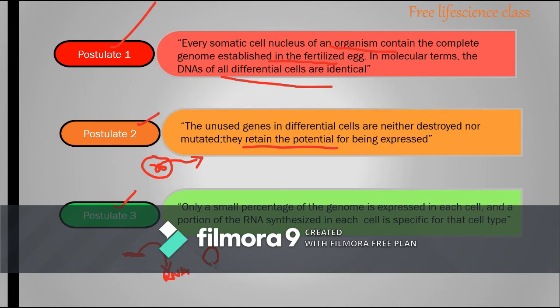That is, this cell requires some proteins and those protein-coding genes will be expressed in this cell. If you take another cell, the proteins will be different and the RNA synthesis is different. So the genes expressed will be different. So this is postulate number 3. Only a small percentage of the genome is expressed in each cell and a portion of RNA synthesized in each cell is specific for that cell type. Okay.